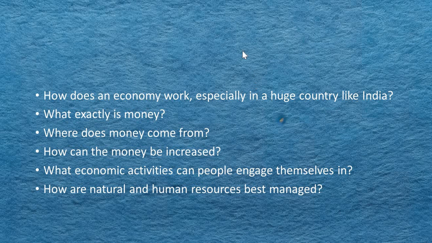Now, when I talk about economy, the first thing which comes to mind is, how does an economy work? Especially in a huge country where the population is more than 140 crores. Next, importance of money. So, what is money? Why is it important? Where does it come from? Next question, everybody is running after money. And that is, how can the money be increased?